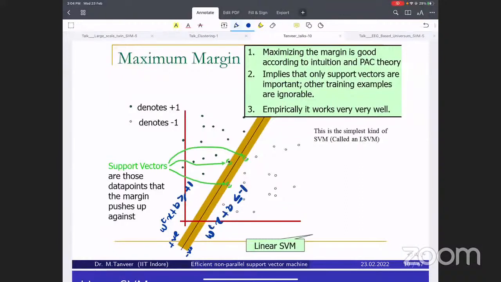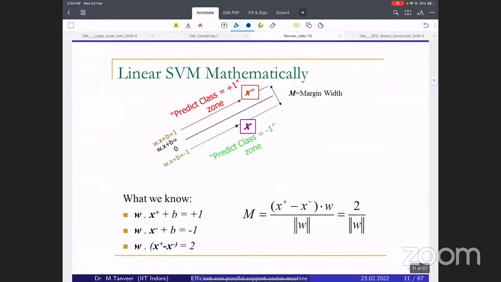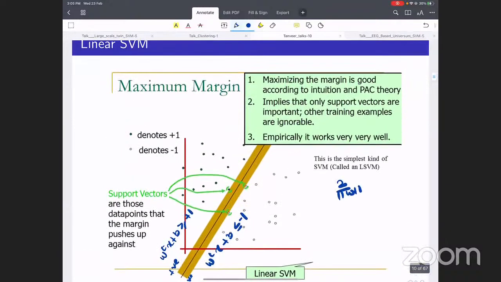If I want to maximize the distance between positive and negative samples, that is, maximize the margin, then the distance between positive and negative samples comes out to be 2 upon norm of W. Essentially, if we have W transpose X plus B equal to +1 and -1, we maximize 2 upon norm of W.